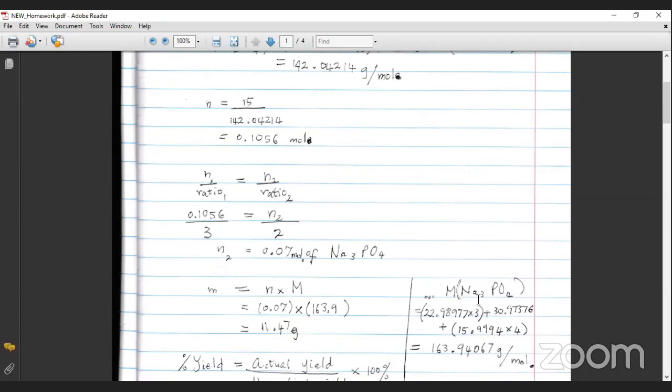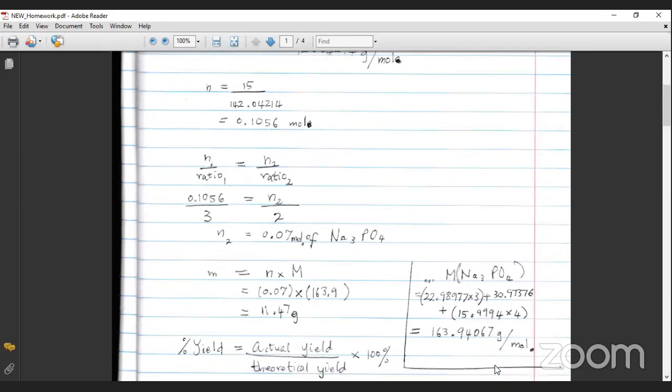So if it's Na3, you're going to say 22.9 times 3, put it in a bracket, but the elements on individual context, they have to be added together. So it's going to be plus P plus 4 times the oxygen element. Okay, so this is the number of grams per mole that we get.